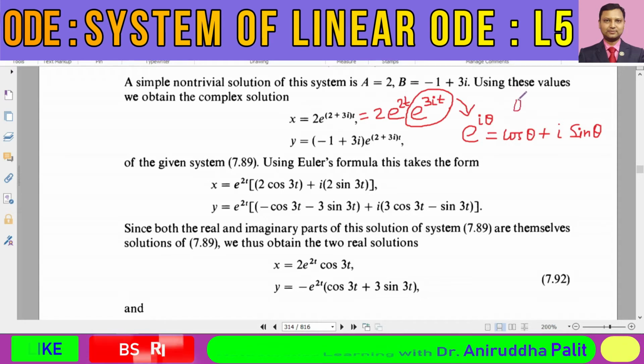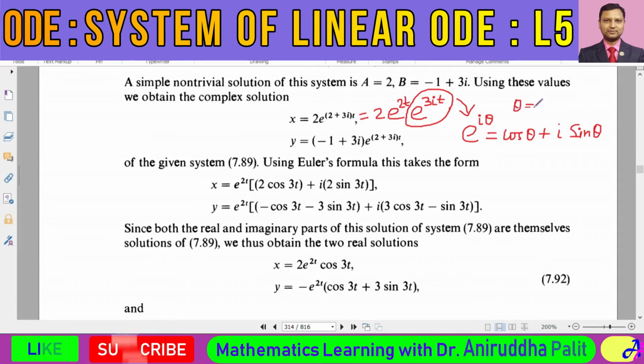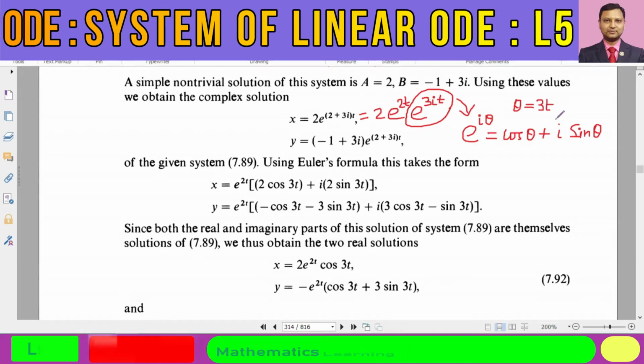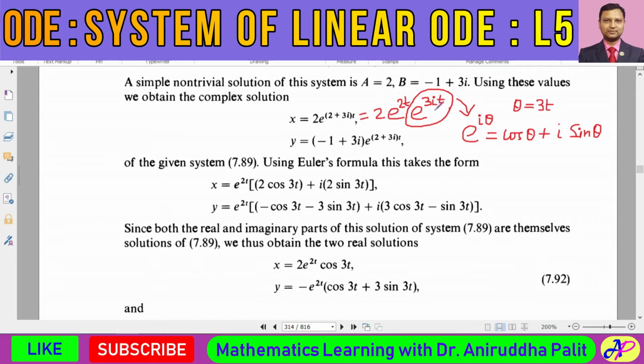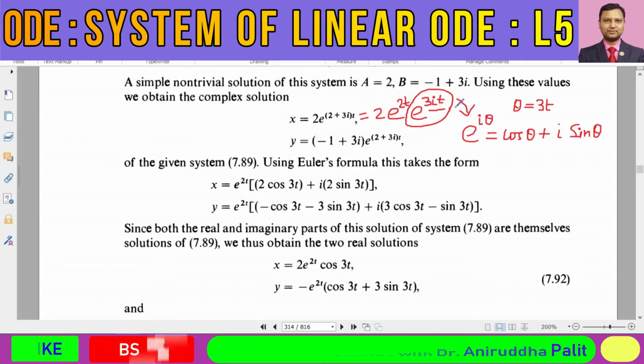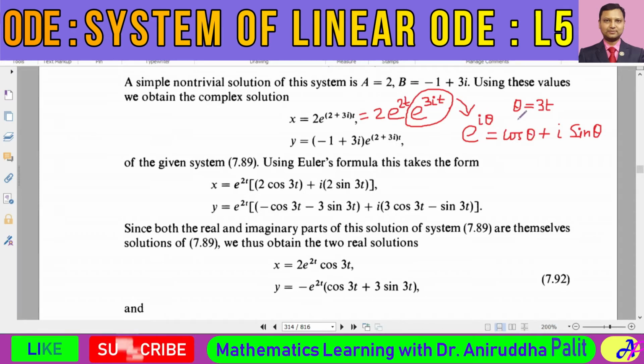So over here, what is theta? Theta is equal to 3 multiplied by t, so 3it is there. We can consider theta is equal to 3t.